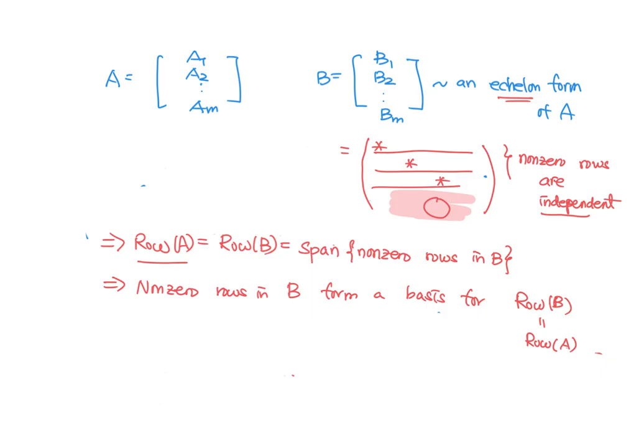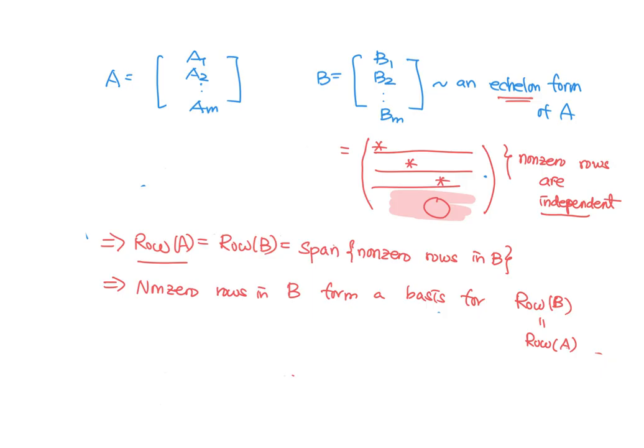So I just found one basis for the column space and one basis for the row space, right? In order to find a basis for the column space or row space of any A matrix, I need to perform row operations to get an echelon form B, right?